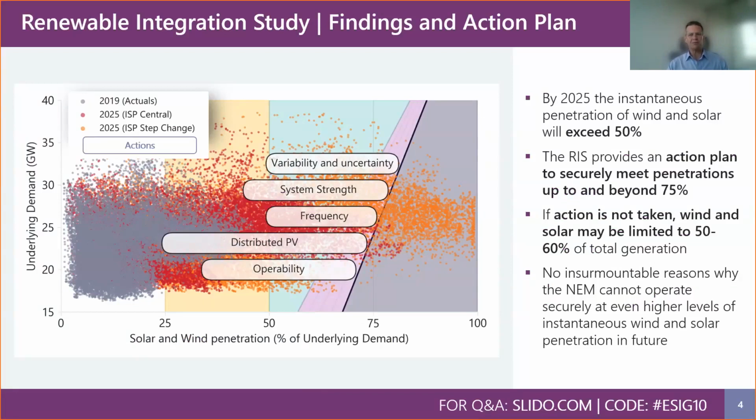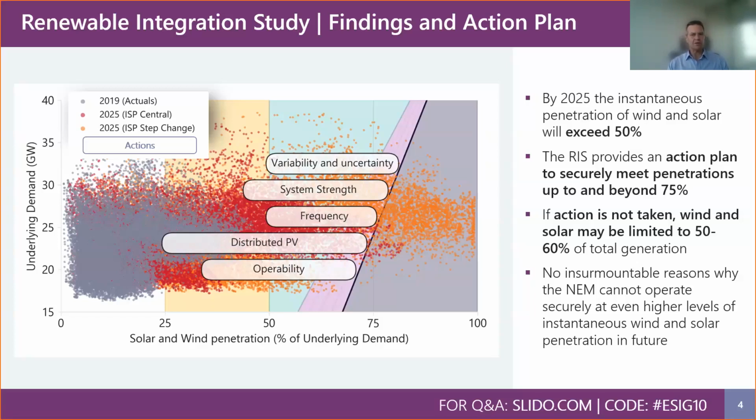Now, shown in the slide are historic renewable penetration levels projected towards 2025 under various development scenarios that have been taken from AEMO's National Transmission Planning document, the Integrated System Plan. The graphs plot the instantaneous penetration against demand, where each dot represents 1 half-hour period.